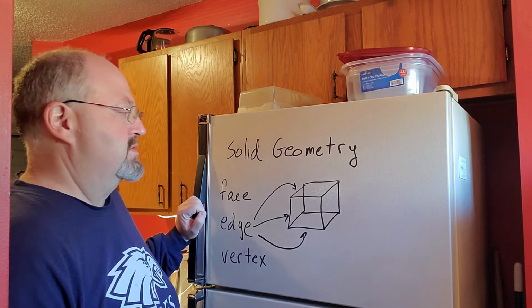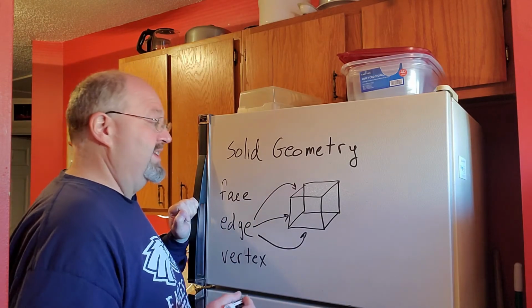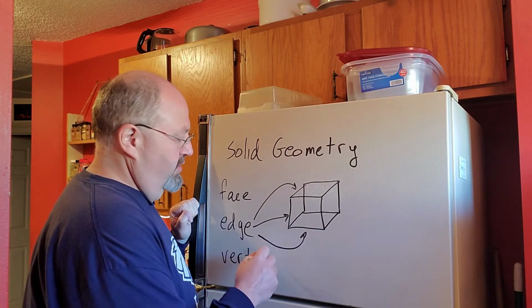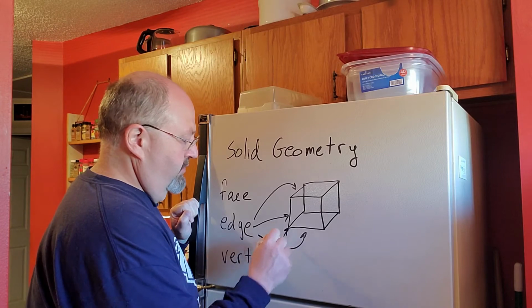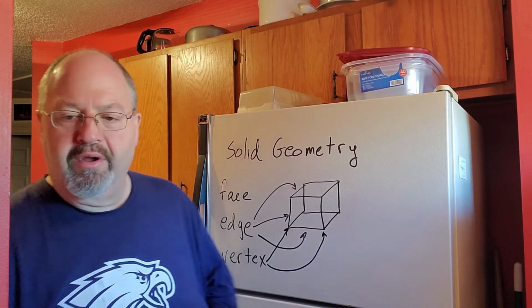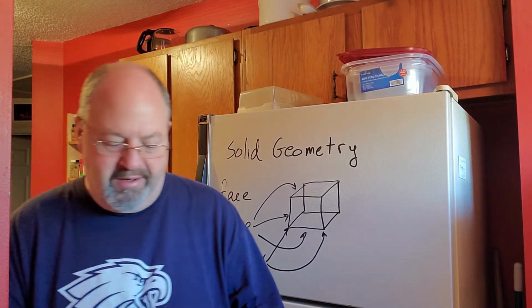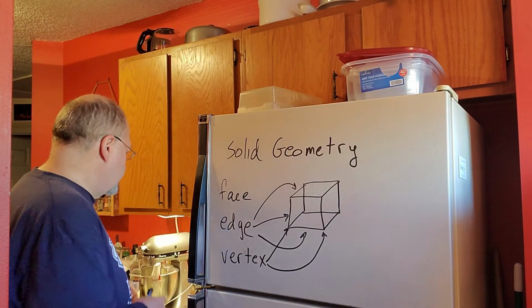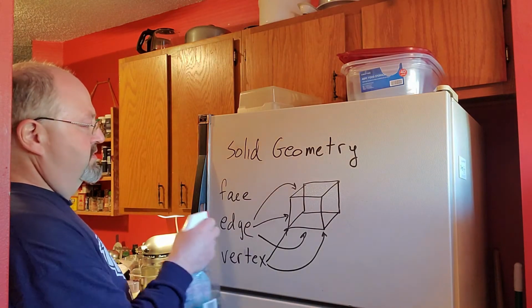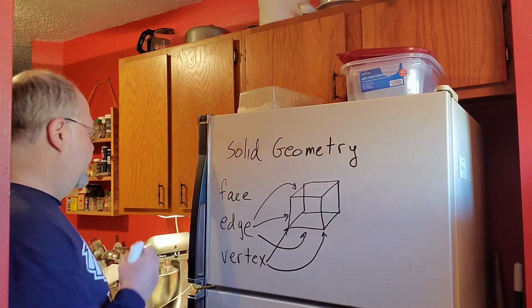And there's lots of edges. And then vertexes. Vertexes are just the points where edges come together. So vertex, they're the corners, if you want to think about them that way. So, three-dimensional figures, they have faces, edges, and vertexes.